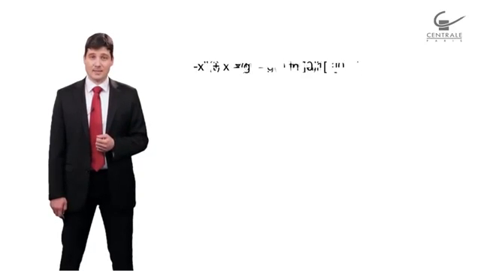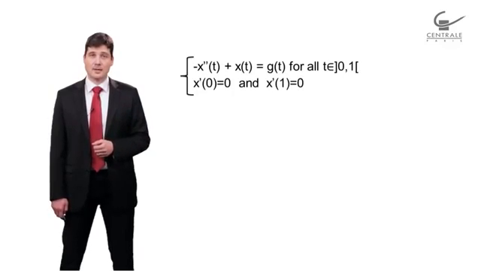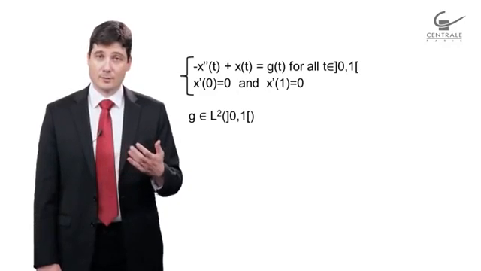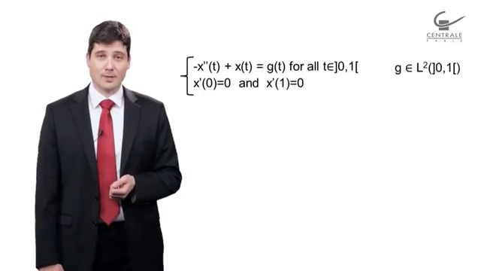We're looking for a function x such that negative the second derivative of this function plus the function evaluated at t is equal to g of t for all t in (0,1). We add to this that x prime of 0 and x prime of 1 are equal to 0. This will be for some g in L2(0,1).